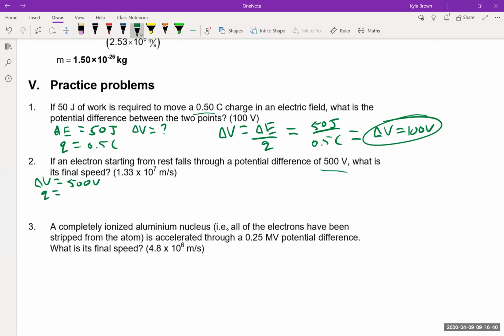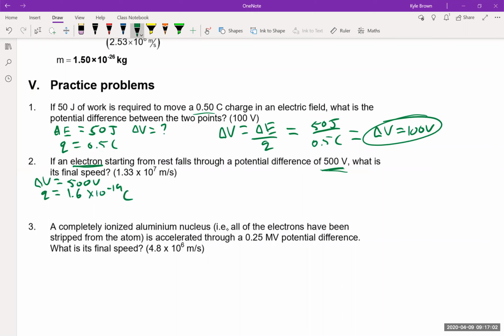Well, what would the charge be? I only really know the voltage right now, right? It does tell me, though, that it's an electron. So you guys should underline or highlight this. It's important. An electron has the elementary charge, and it's negative, so that would be a charge of 1.6 times 10 to the negative 19 coulombs.